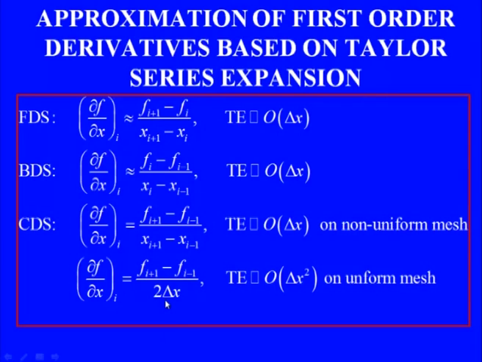And if our mesh spacing were uniform, we get a very simple expression for the derivative, del f over del x_i is equal to f_{i+1} minus f_{i-1} divided by 2 delta x, and in this case truncation error is of order delta x square, that is to say our difference approximation is second order accurate on a uniform mesh.